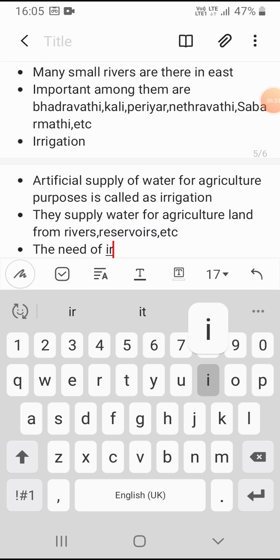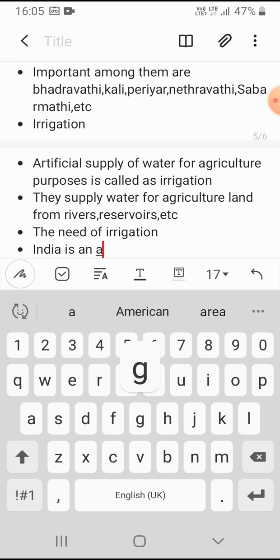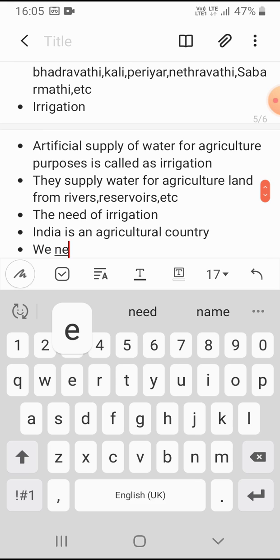Need of irrigation. Why we need irrigation: India is an agricultural country, so we need more supply of water.